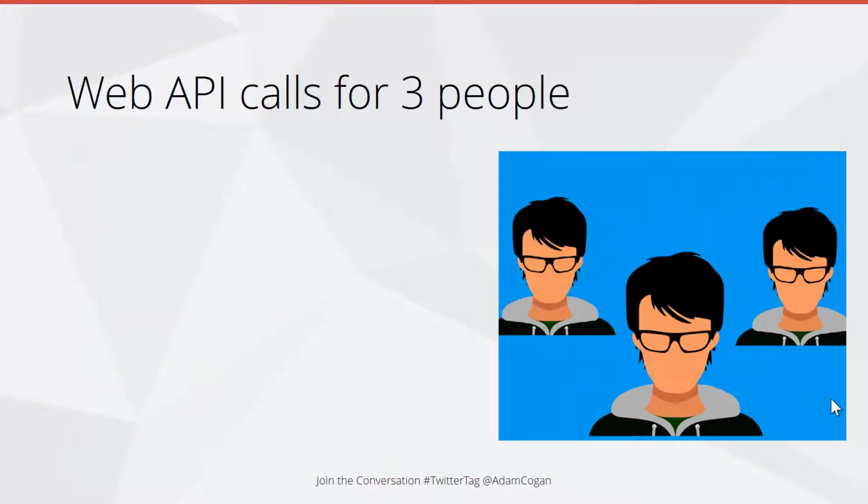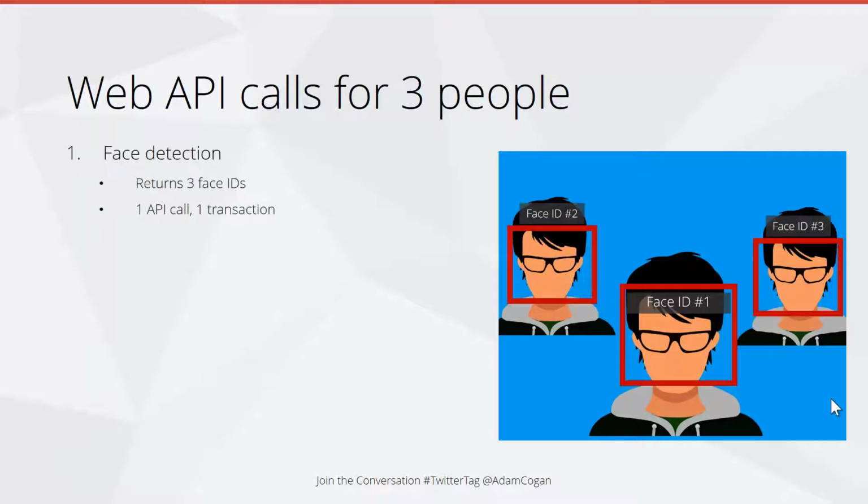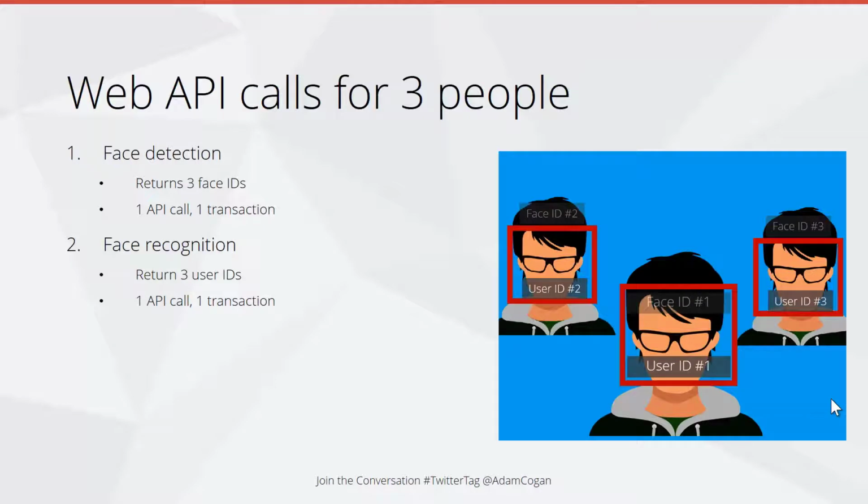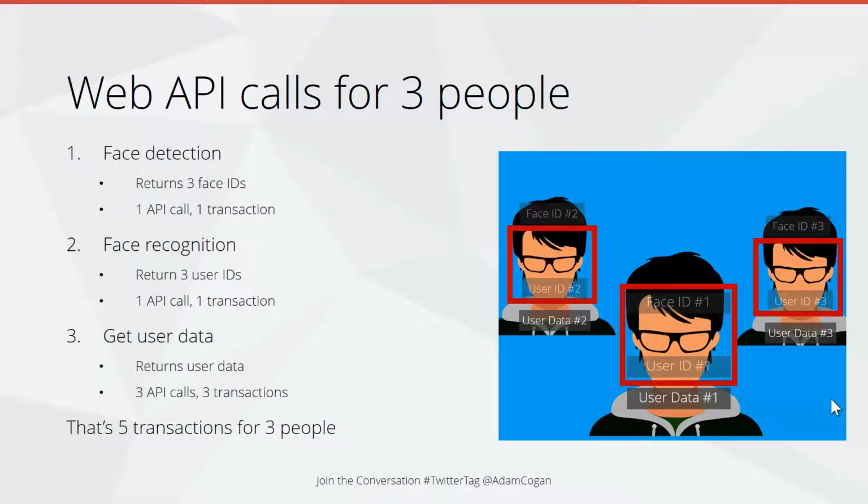And it gets worse for 3 people or more. The face detection and face recognition have the same number of calls. But if you don't do the right thing, when you try to get data from all of the users, you need to call one API for each user. So you have 3 API calls for 3 people, totaling 5 transactions. And then that scales linearly.